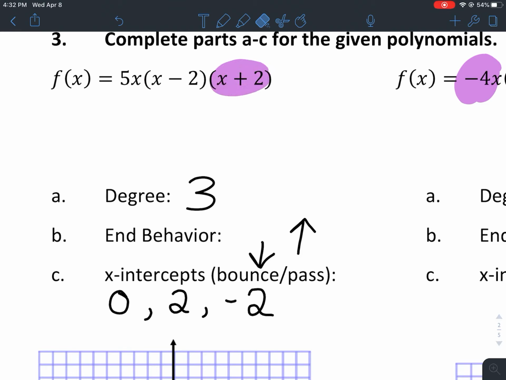Now if I sketch the graph for the next one, we have some bounces, so it's going to look a little bit different. So first, plot your zeros. And then draw on your end behavior.